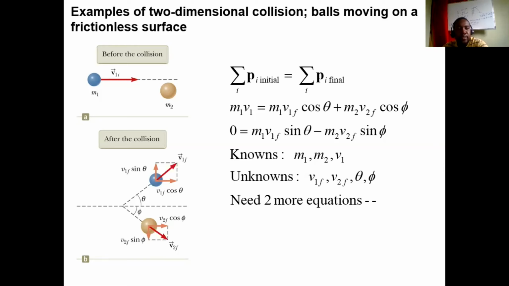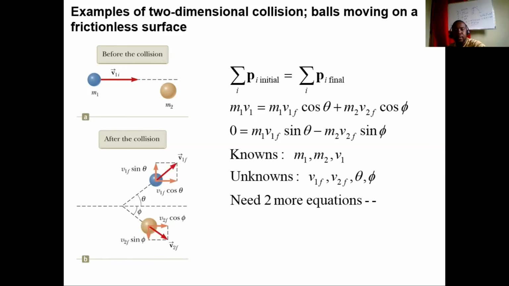In this case, we have the blue ball moving towards the brown ball, which is stationary, and it's moving in your x plane only. But after collision, the blue ball moves in a diagonal manner upwards, while your brown ball moves in a diagonal manner downwards.